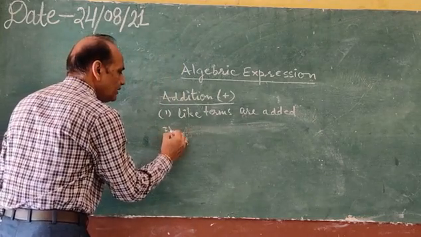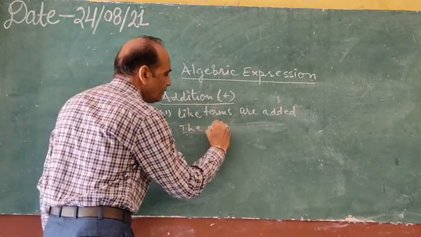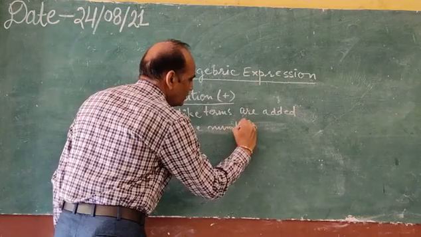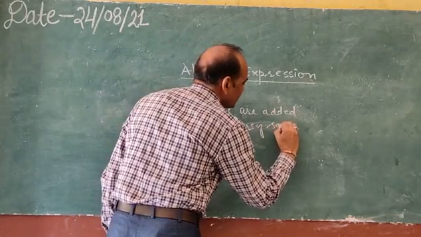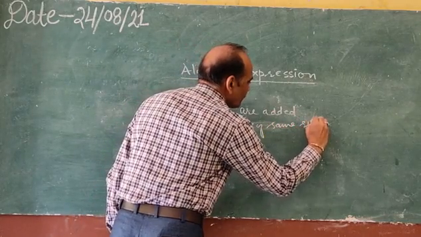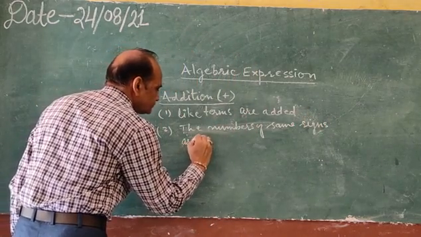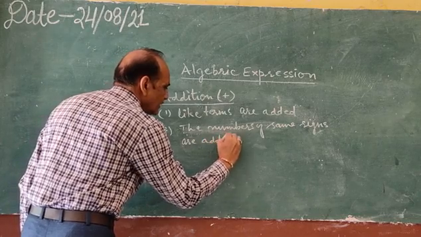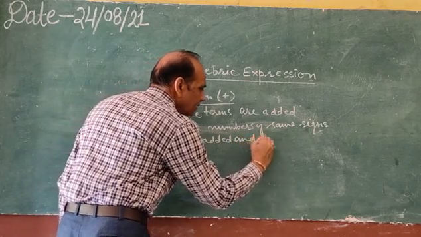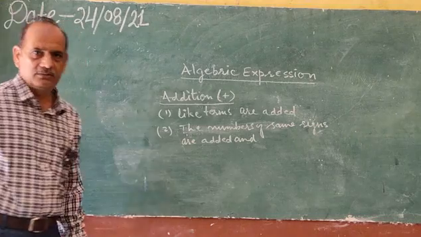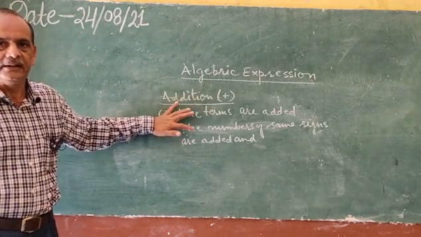Second rule is that the numbers or expressions of the same signs are added, and the sign of the answer is the same. This is not written in the book, but this is the language by which you can understand it easily.